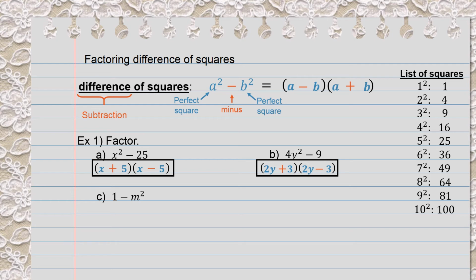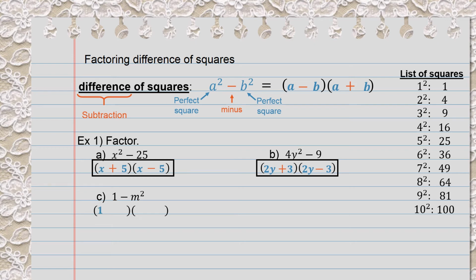For C, we have 1 minus m squared. Is 1 a perfect square? Well, notice it is in your list on the right, so it is. Is m squared a perfect square? Yes. Is there a minus sign? Yes. So this instantly factors into two parentheses.